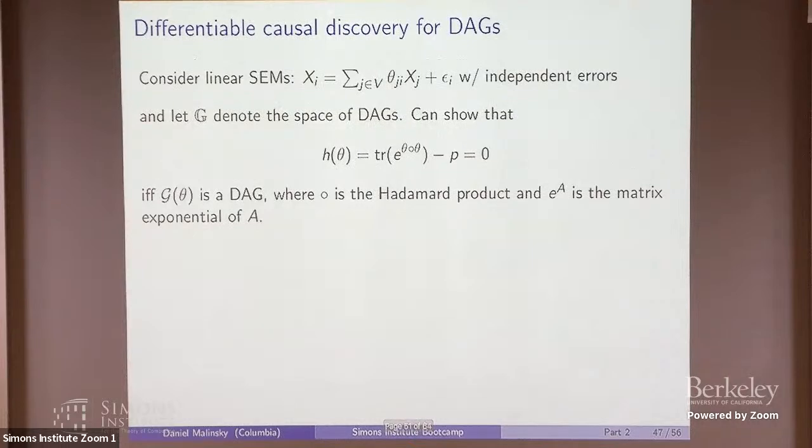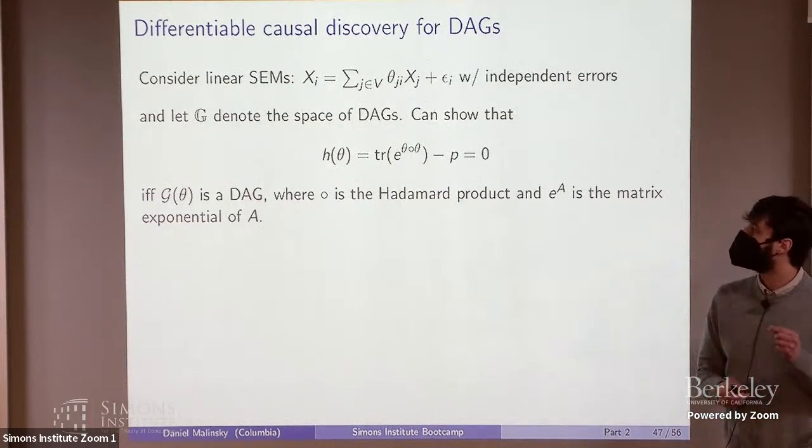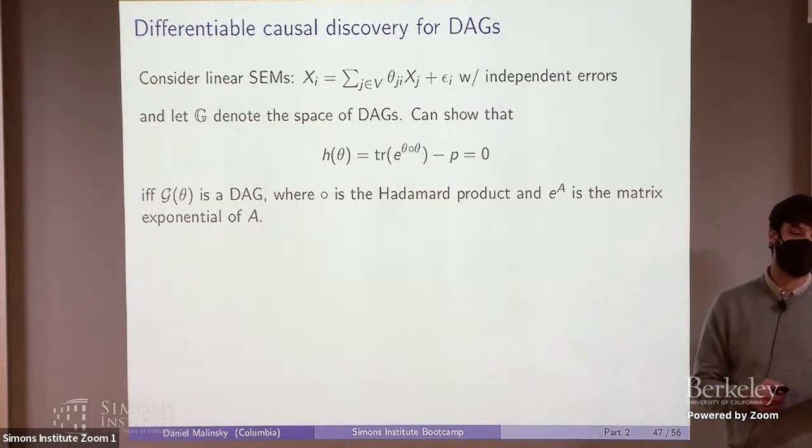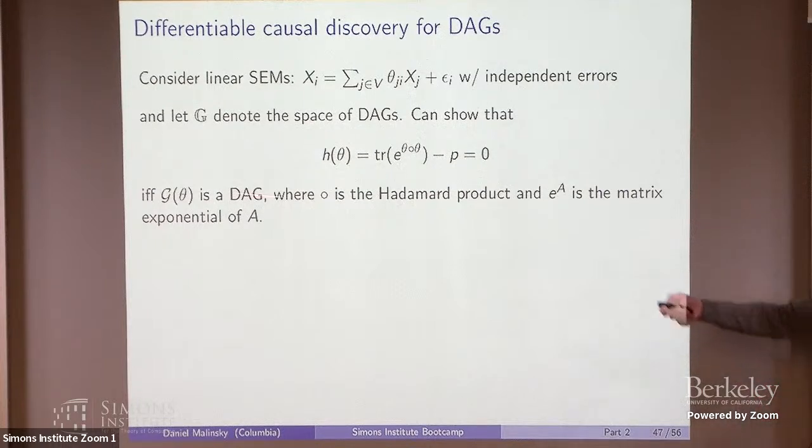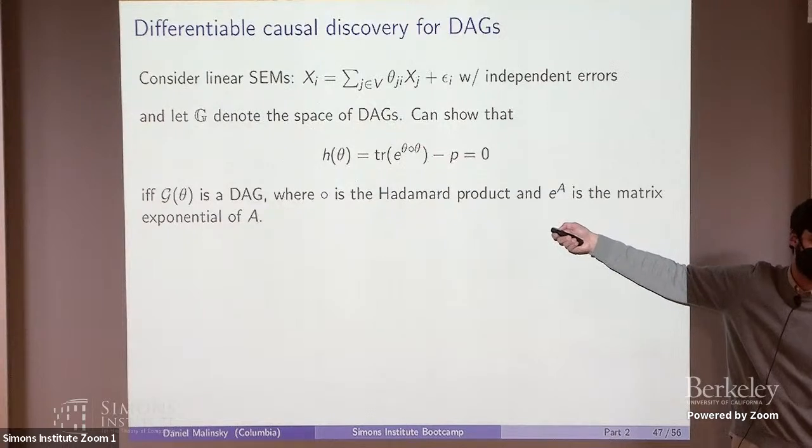The original version of this algorithm, called NOTEARS, considers linear structural equation models. So the thetas are the linear coefficients. And they show that the induced graph is acyclic, they're interested in directed acyclic graphs, if and only if this particular h evaluates to 0.